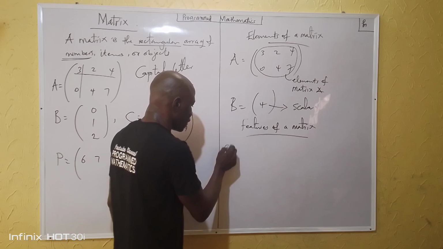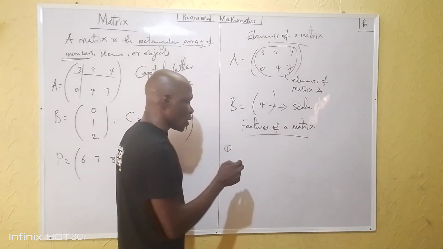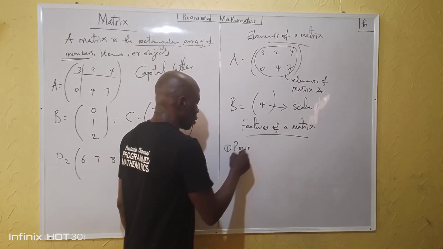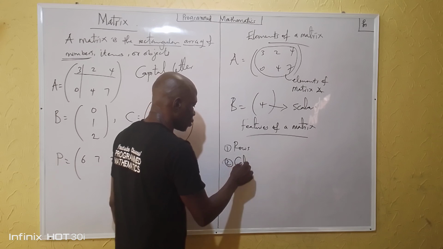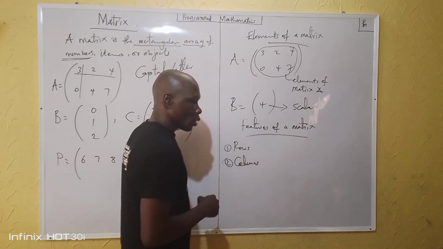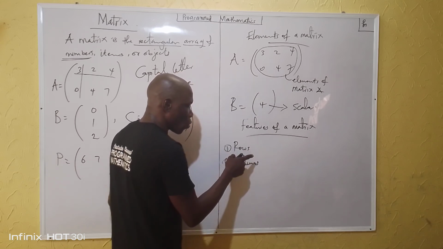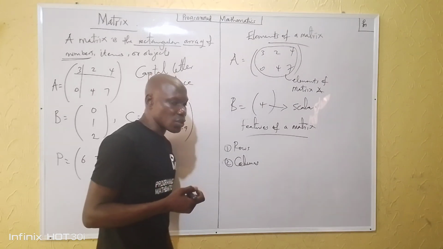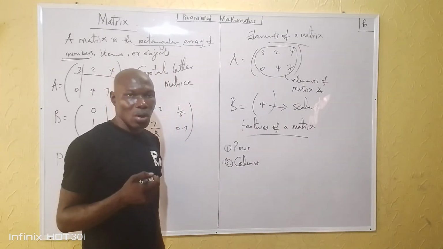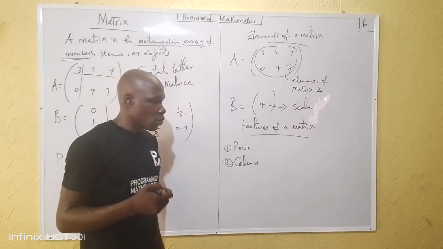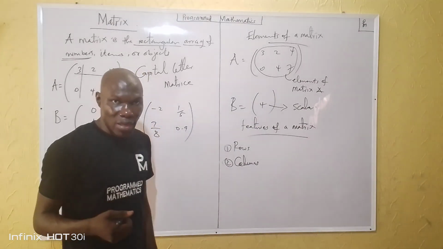Number one is that every matrix is made up of rows, and the second one is called the columns. A row is simply talking about the horizontal arrangement of elements.